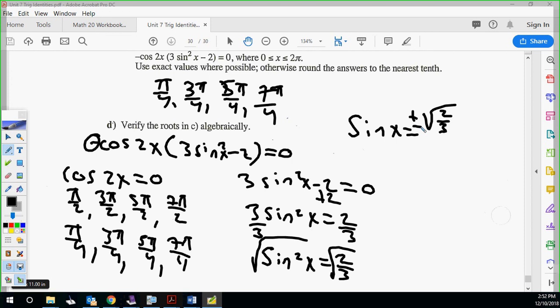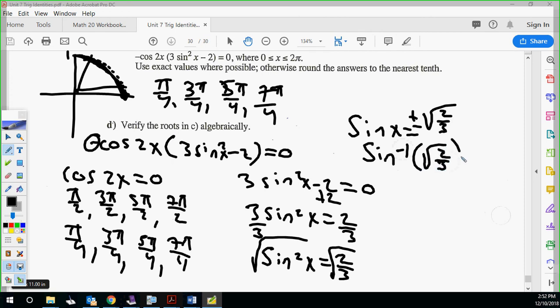So sine starts here at 0 and works its way around the circle to 1, hitting all possible values. Like this right here is 0.8, 0.2, right? And so we're going to take sine inverse of root 2 over 3 to get the reference in radians.